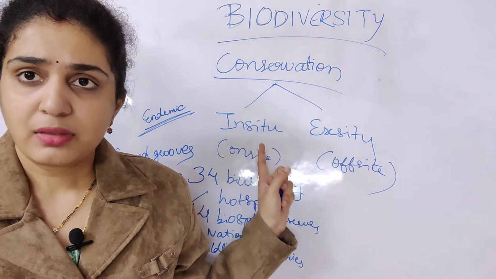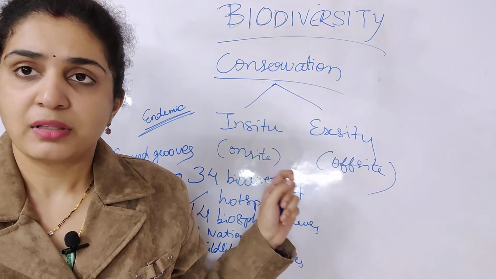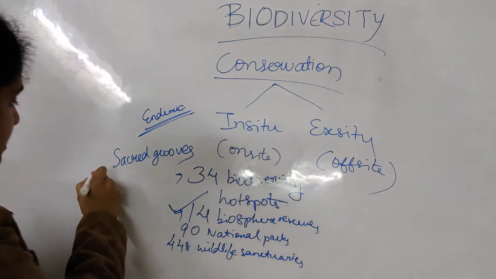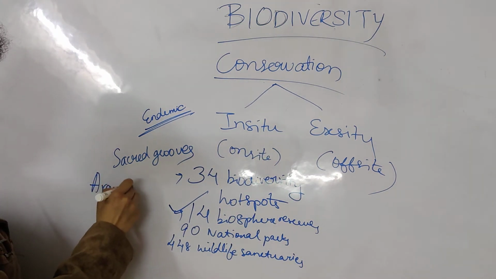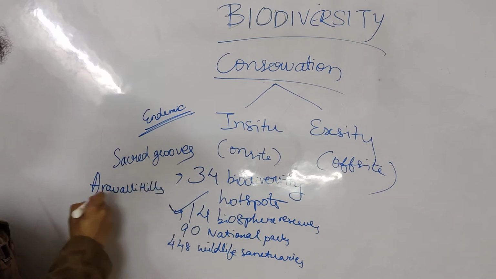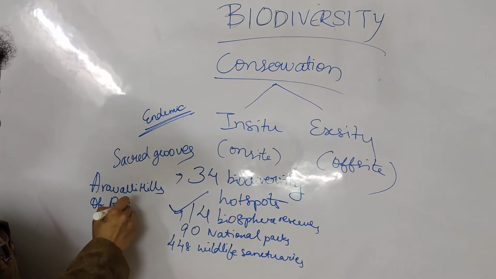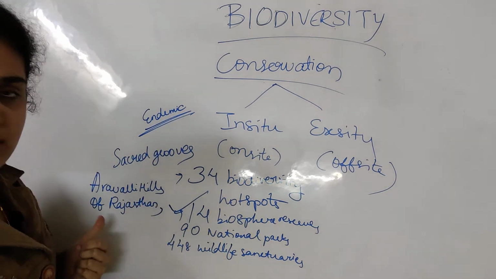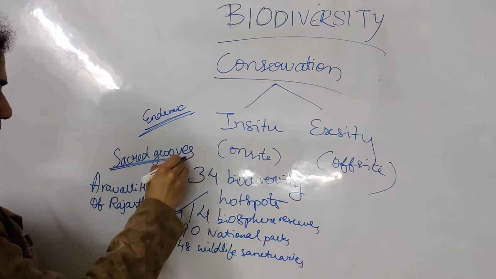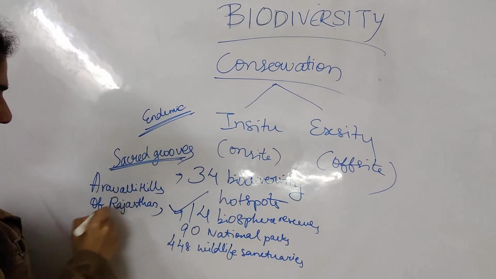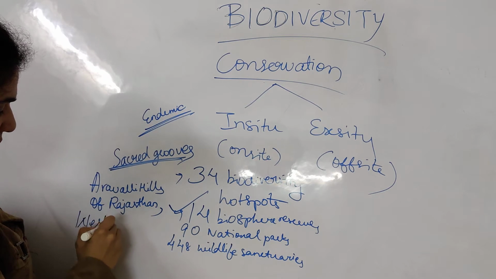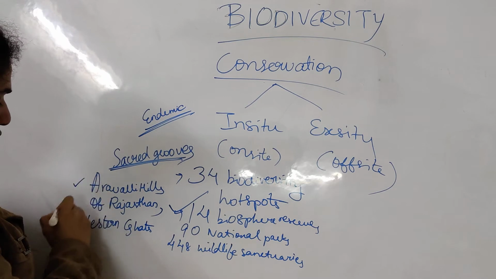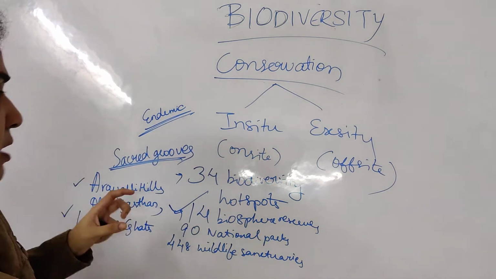The sacred groves are usually in the Aravali Hills of Rajasthan as well as the Western Ghats of Karnataka.